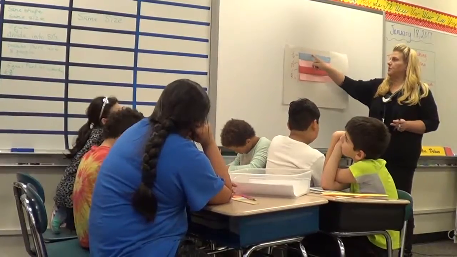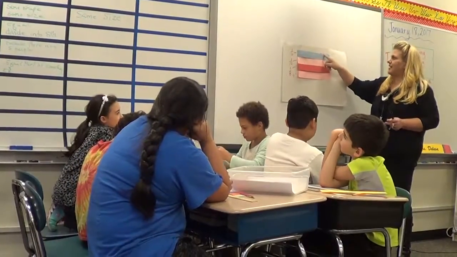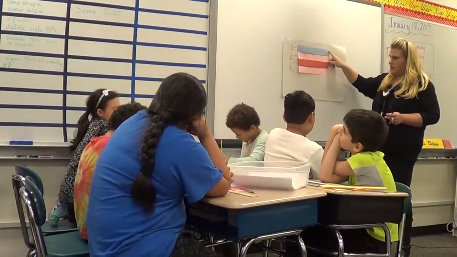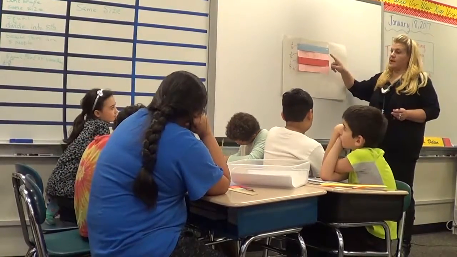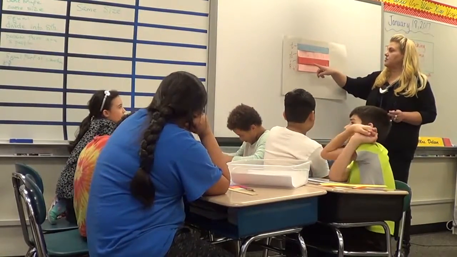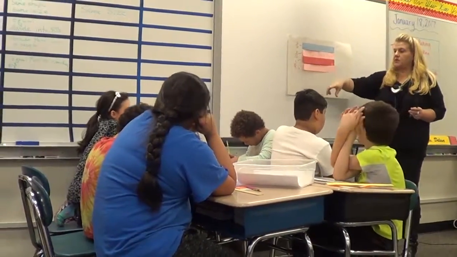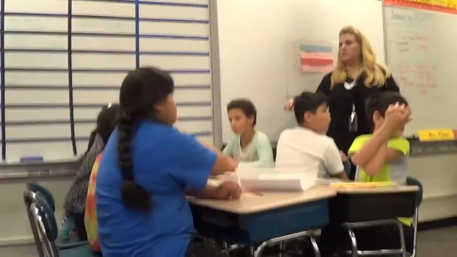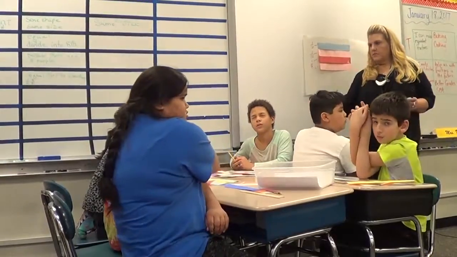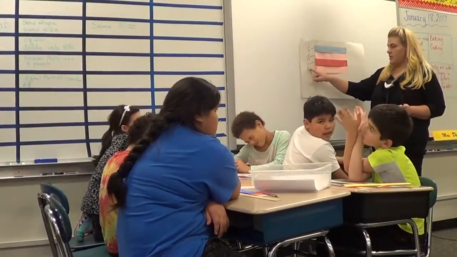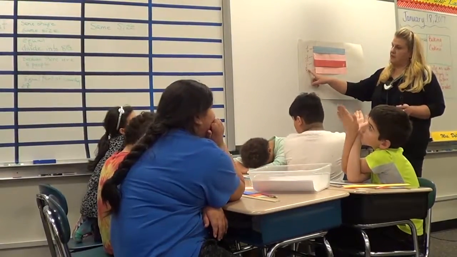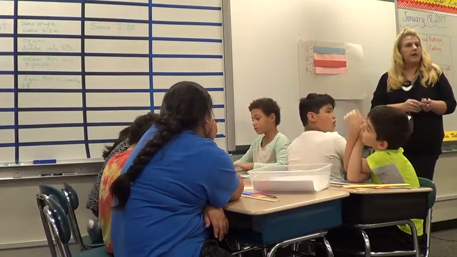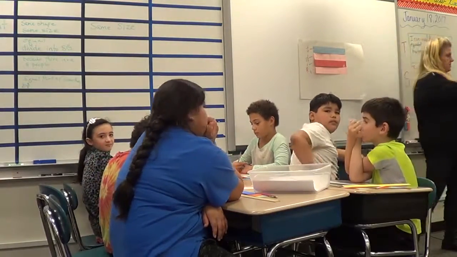So 2, 4, 6, 8, 10, 12. Okay, and you said you had 1.5. Those of you that were sitting here with Nicola, what should that be? It should be 8 different parts. Okay, an 8. So can you fix that one?